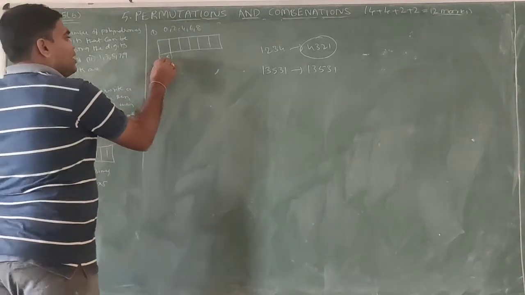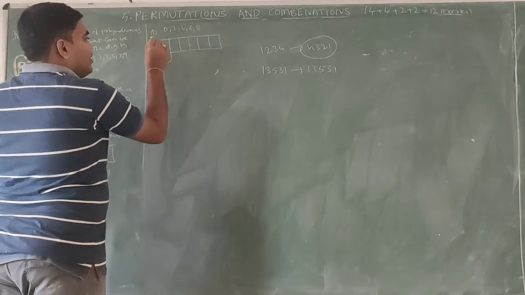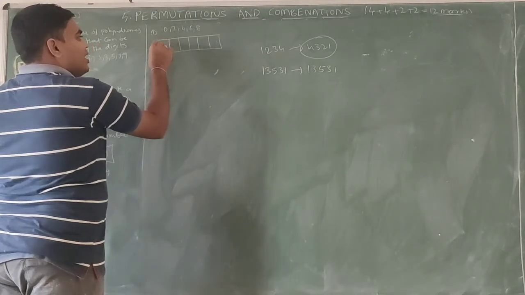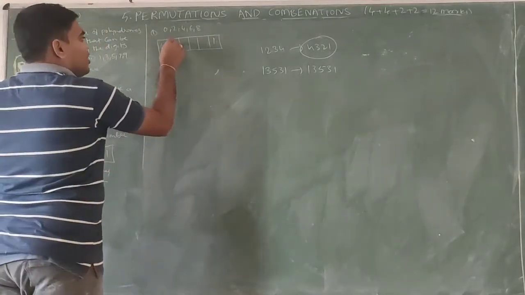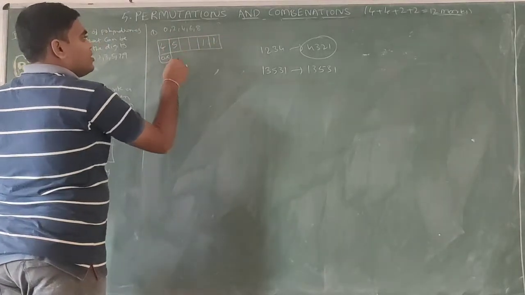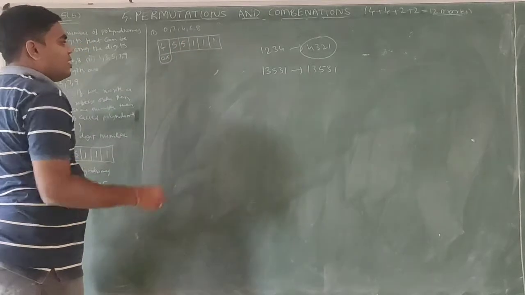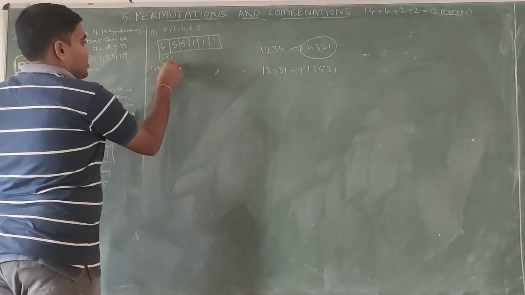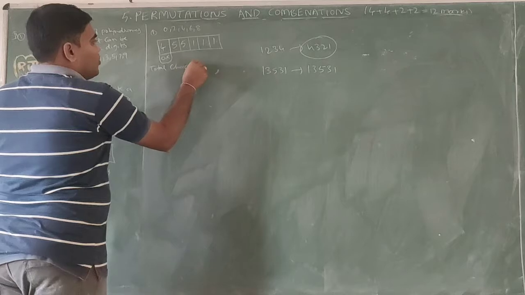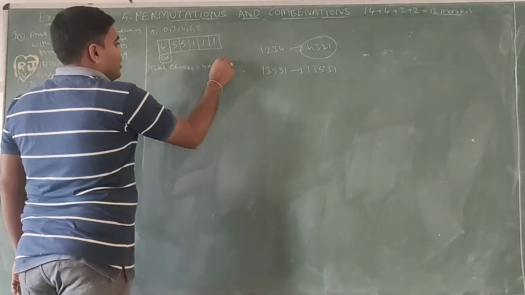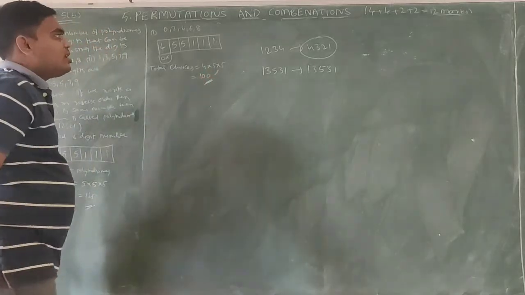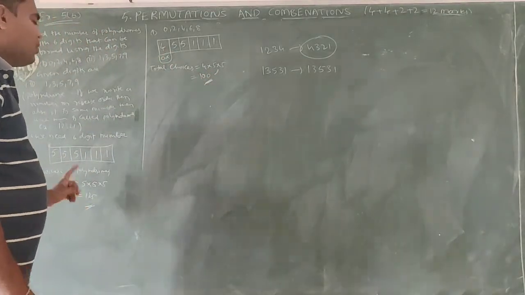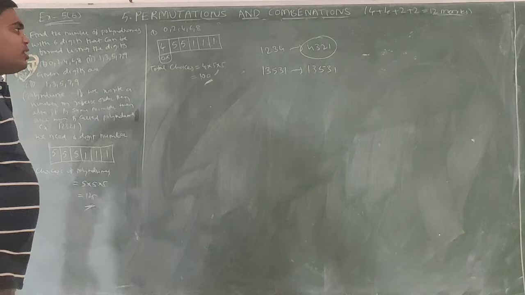So other than 0, how many choices? 4. Whatever it is here, we will write it here as it is, so only one chance. For this 5 choices, one choice. Total choices equal to 4 into 5 into 5, equal to 25 into 4, 100. So there exist 100 palindromes with this one, 125 palindromes with this one.